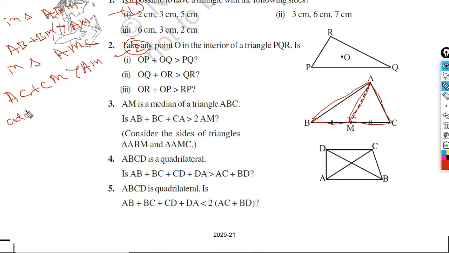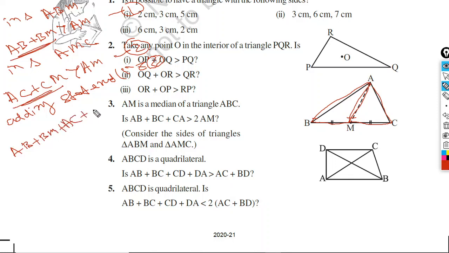Adding statements 1 and 2, we get AB plus BM plus AC plus CM greater than AM plus AM.